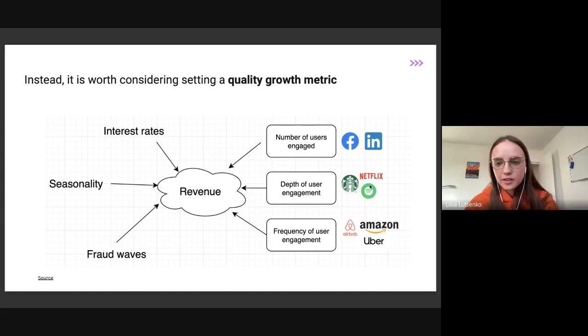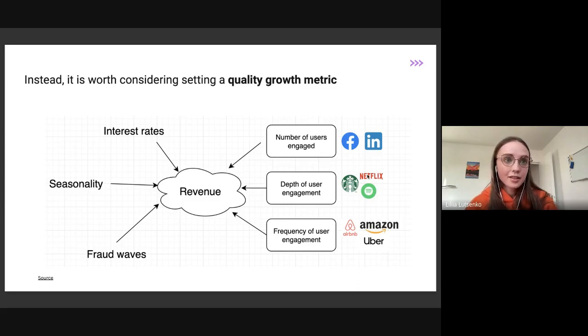For content platforms such as Netflix and Spotify, this is the depth of user engagement, which means the general time the content was listened to. For example, for Spotify, it's hours their songs were listened.